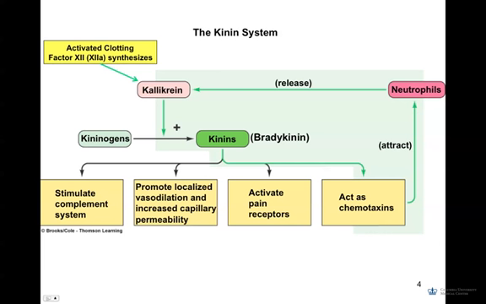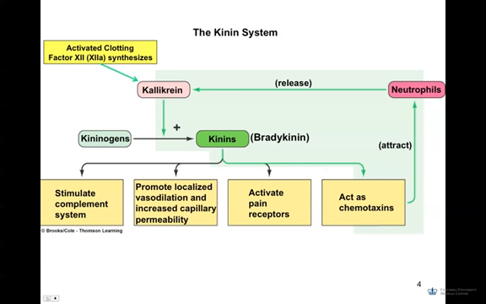As we'll see when we look at the clotting system, this factor 12 is usually the first clotting factor that's activated when a clot occurs as a result of blood vessel damage. So activated clotting factor 12 occurs as a result of vascular damage, and so that can activate the kinin system.